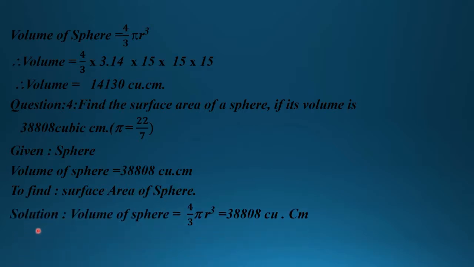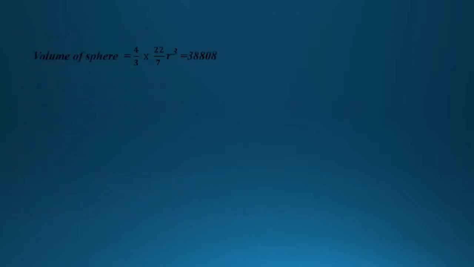Now, when we start the solution, we will be writing the formula as volume of sphere is equal to 4 by 3 pi r cube, and that is given as 38,808. Now, volume of sphere is equal to 4 by 3 into 22 by 7 into r cube is equal to 38,808.